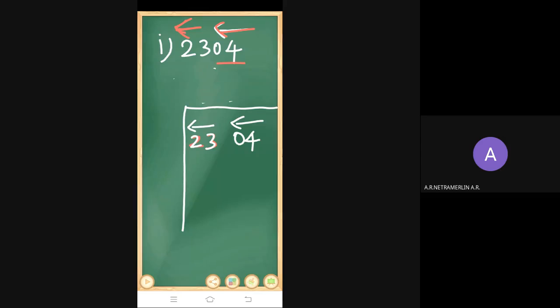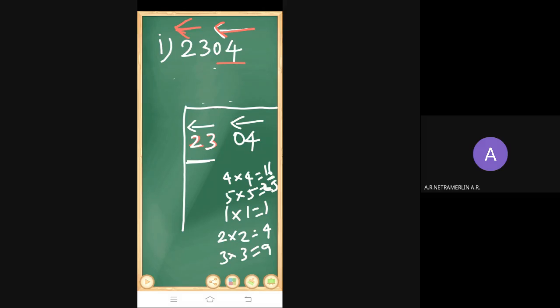Now take the first pair, 23. For knowing the square numbers, I told you to write on the right hand side of your notes: 1 one is 1, 2 twos are 4, 3 threes are 9, 4 fours are 16, 5 fives are 25, up to 10 tens are 100. When you check, 23 won't come.